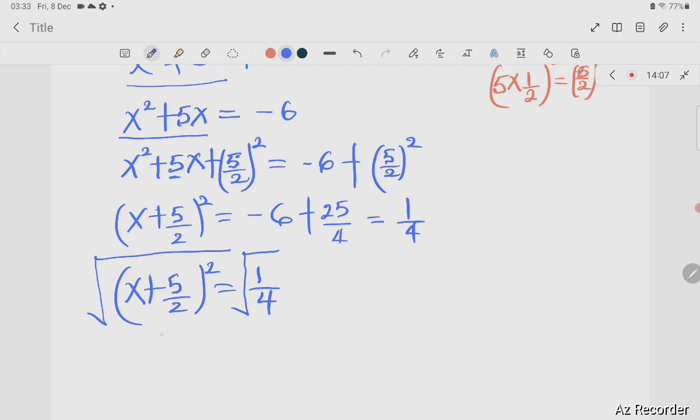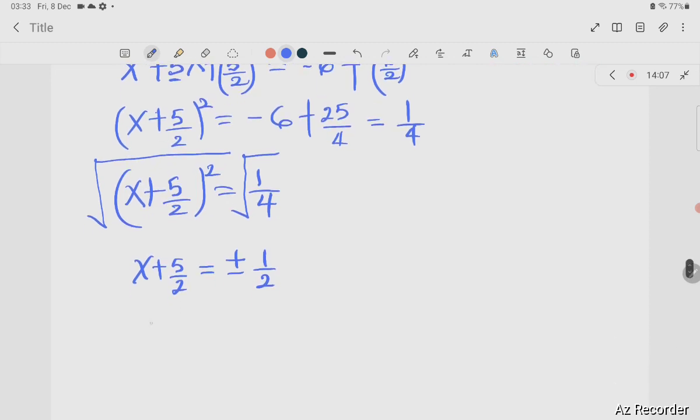using completing the square. So we have x plus 5 over 2 is equal to plus or minus 1 over 2. From this place we have x equals plus 1 over 2 minus 5 over 2, or x is equal to minus 1 over 2 minus 5 over 2.